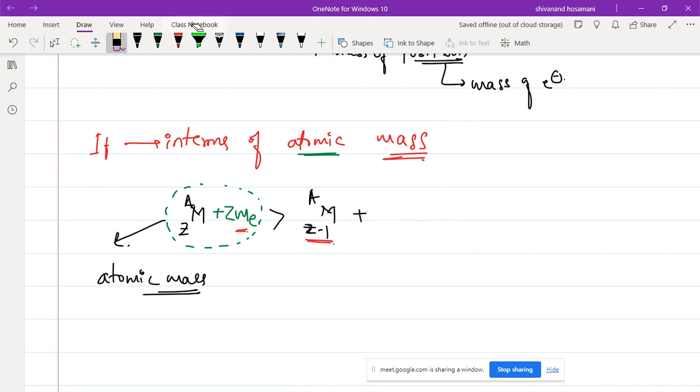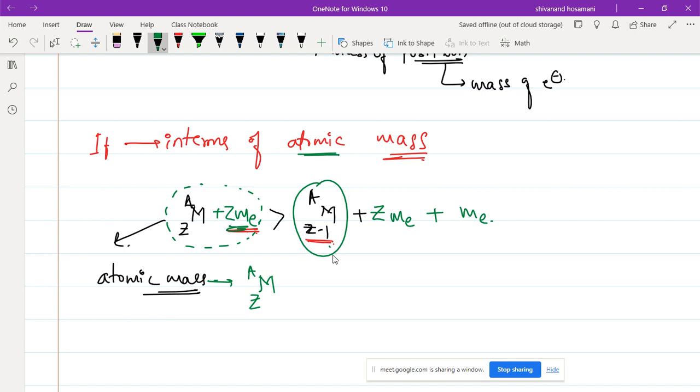If I add z times the mass of the electron, see, as I have added z times the mass of the electron, here also I will add z times the mass of the electron. Then plus, here the mass of the electron is already there. If I want to make this the atomic mass of the element having Z with A, now this becomes atomic mass because of the addition of the electrons.